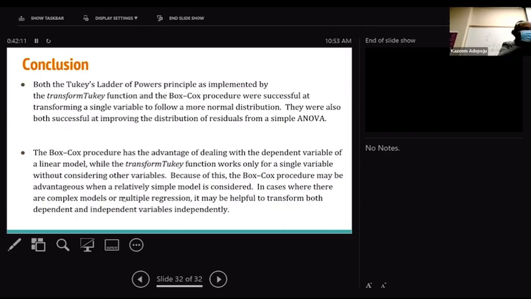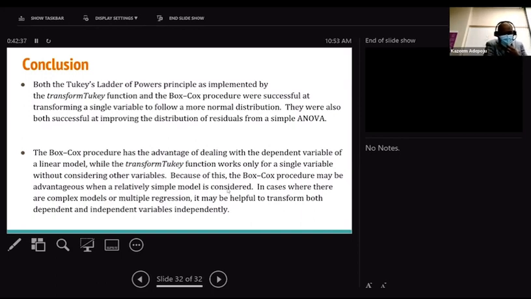In a situation where you have more than one factor, I think I will advise you use only Tukey. You know why? Well, what Tukey will do? Tukey will only transform the response alone. But the Box-Cox is only advantageous when you only have one predictor. Here in this example, the predictor is location. You know that, right? Okay, so that is it.